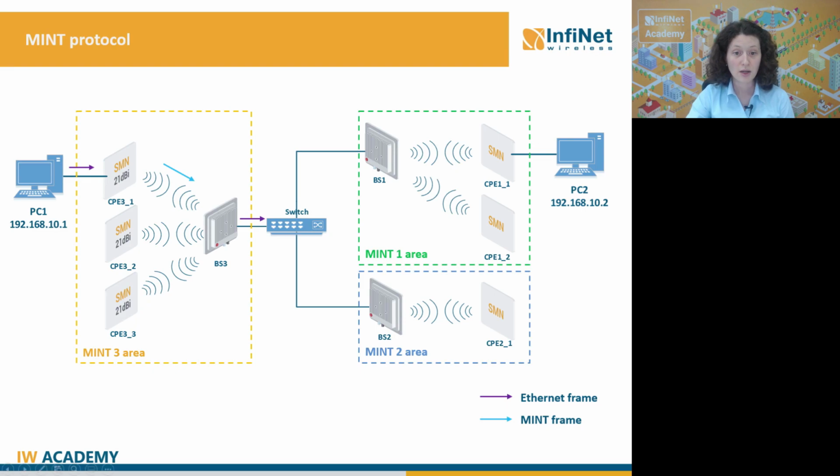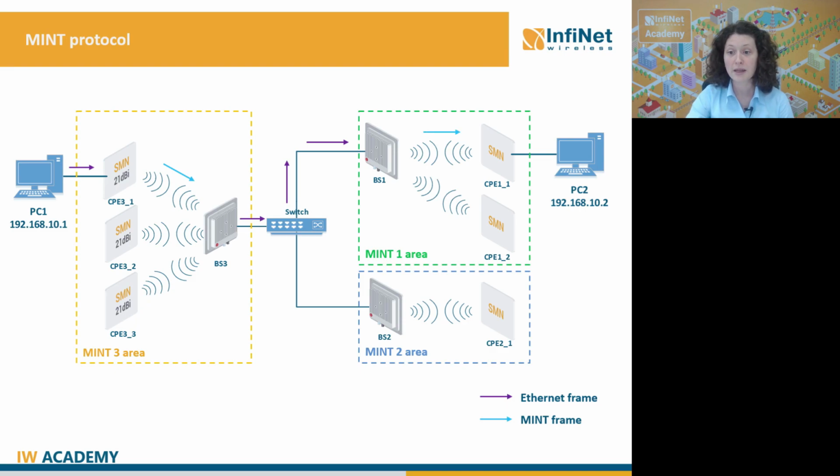Base station 3 will decapsulate the Mint frame back into the Ethernet frame and switch it towards its Ethernet interface, since we are now exiting Mint area 3. The switch performs classic Ethernet switching and our frame arrives at base station 1.